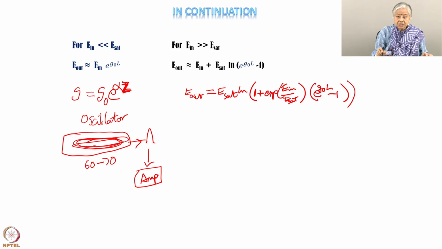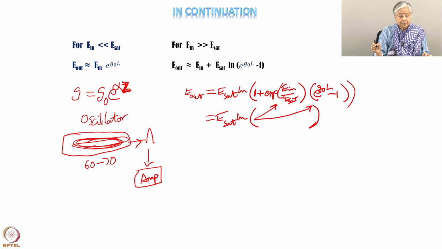Here, this exponential part is so large that you can forget about 1. E in is much larger than E sat, so 1 is negligible. Then you have E sat ln of only this exponential part and this exponential part.